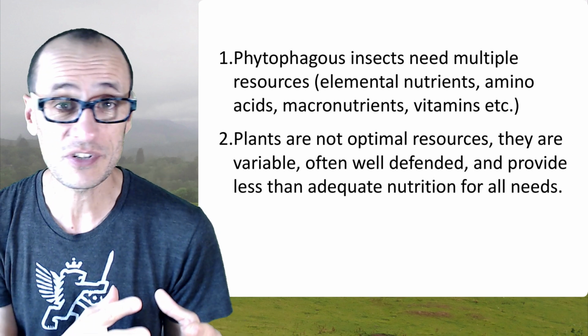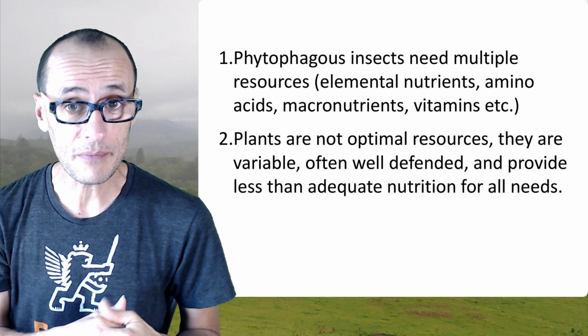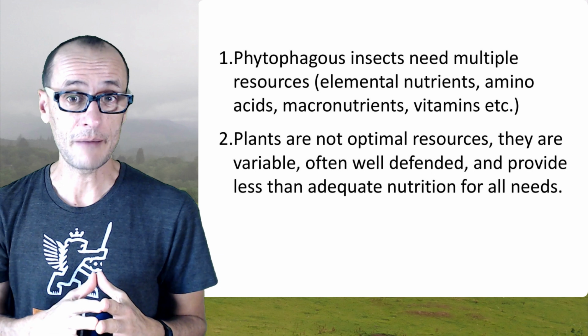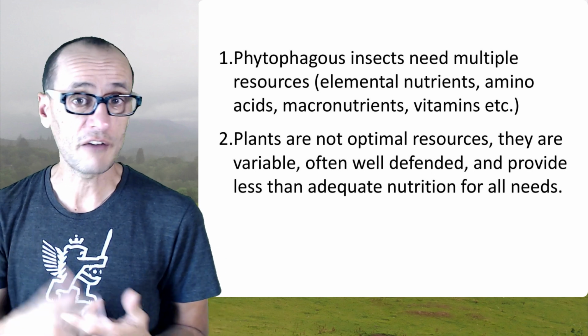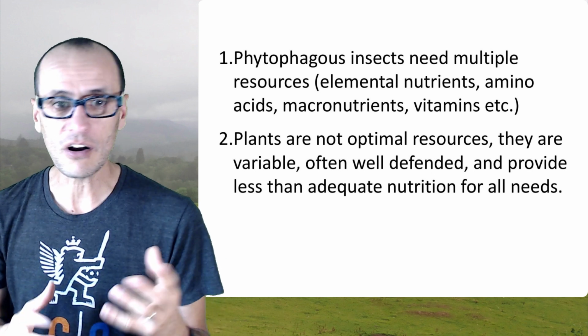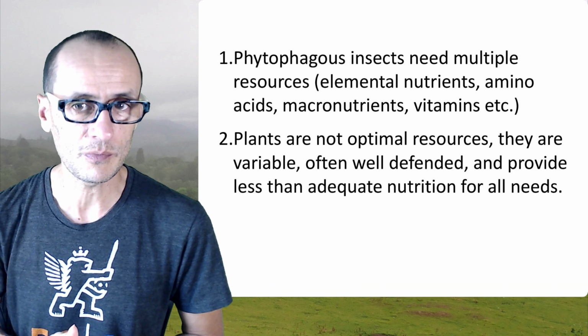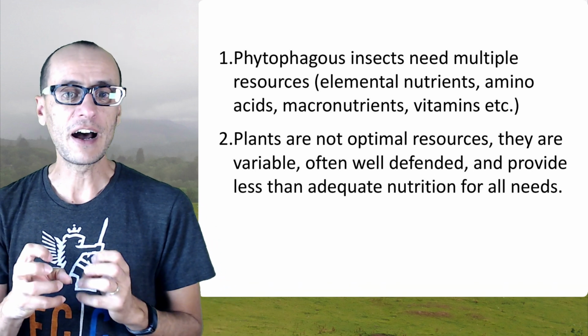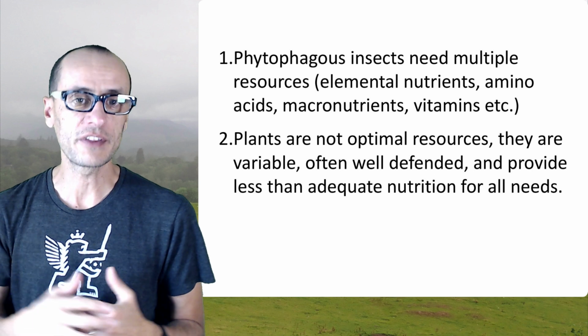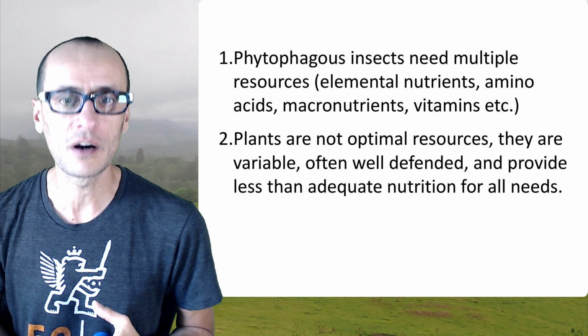And the food sources that they feed on, plants primarily, are not optimal for them. They're variable, plants are often well defended, and not all carbon is potentially usable, and not all nitrogen is potentially usable. And therefore, they provide less than adequate nutrition for all the needs. And this creates a challenge for insects.